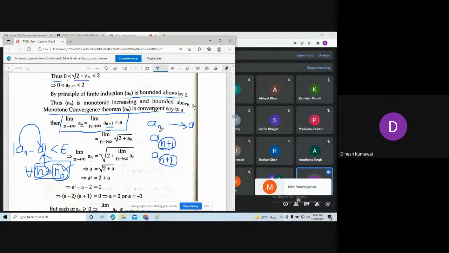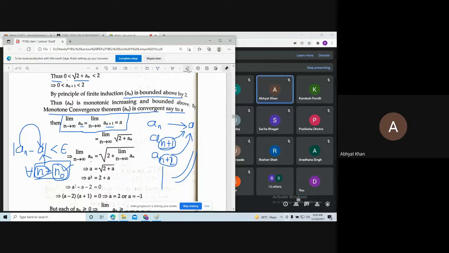Okay, that's why here we are saying an is converging to a, then an plus 1 is also converging to a, an plus 2 is also converging to a, and so on. And these are nothing but the tail of our sequence. I hope it is clear now. That's why we required this definition.